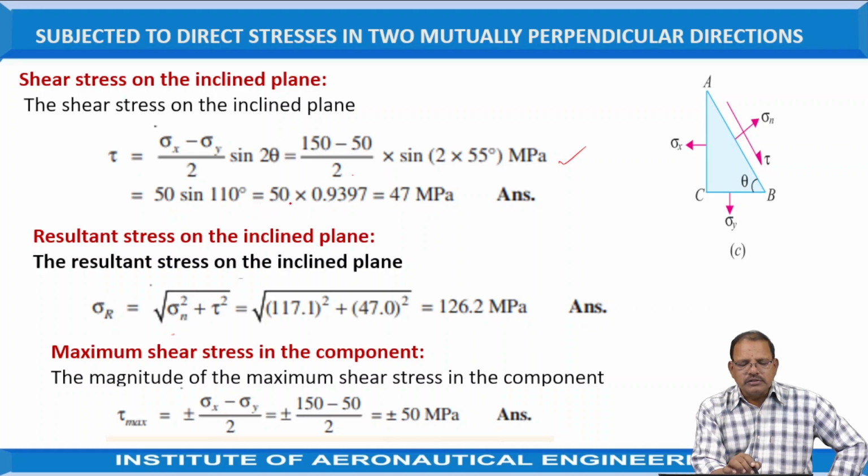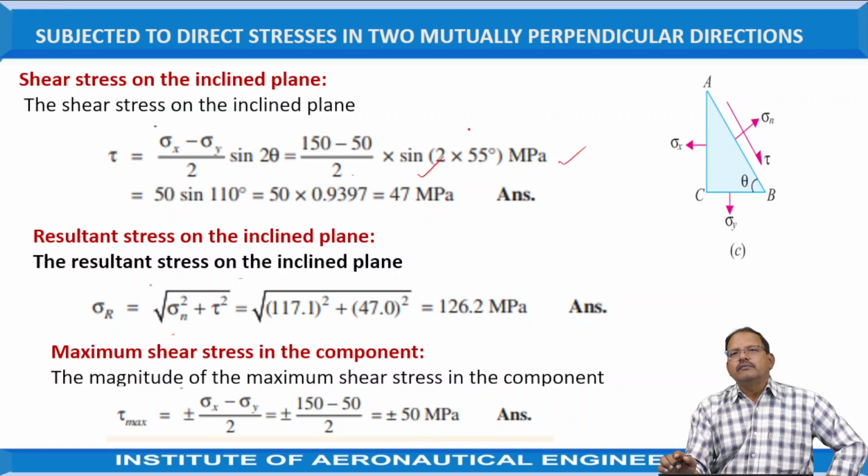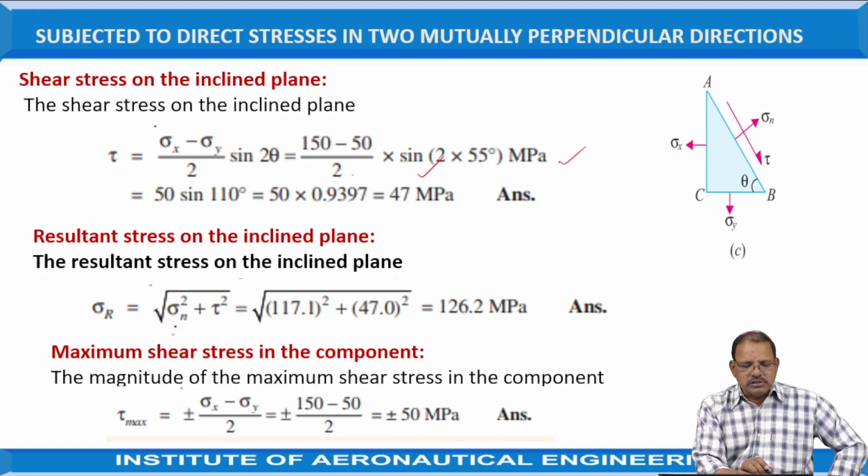Sin 110 degrees is 0.9397, and doing the multiplication we get 47 megapascal. The resultant stress on the inclined plane is sigma r, equal to the square root of sigma n squared plus tau squared, which is the square root of 117.1 squared plus 47.0 squared. So it is equal to 126.2 megapascal.